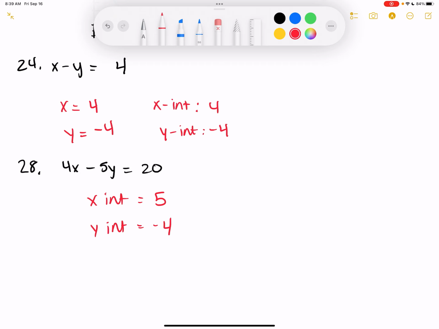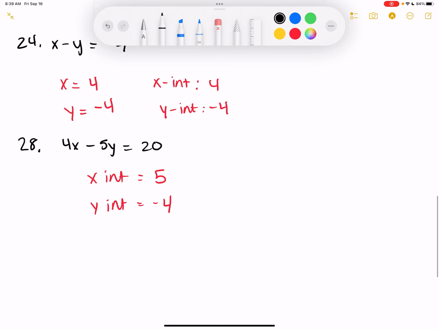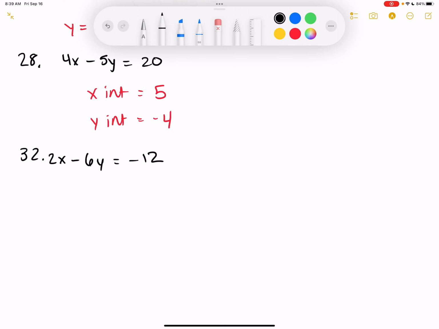Alright, so then the next one says to graph the equation and label any intercepts. So, with something like number 32, we have 2x minus 6y equals negative 12. So this one is not in slope-intercept form.